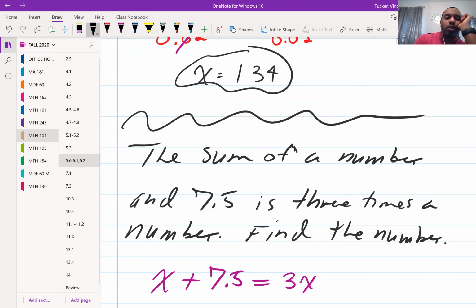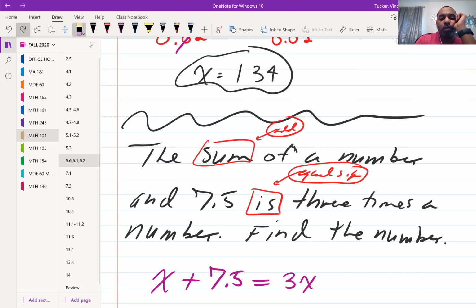So the first one is always the equal sign. Your equal sign is the word "is", or the same as when you say something like that. So you're looking at your equal sign being "is", and then the left of your equal sign and the right of your equal sign can be broken up.